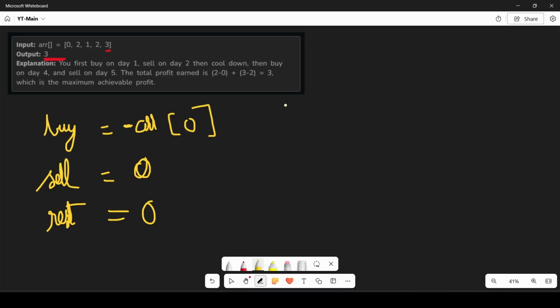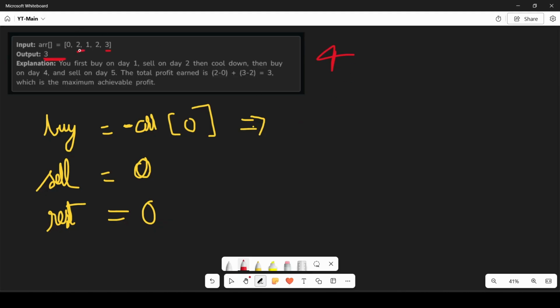So now you have a loop going through every single element. You can update as follows. Say you reach the next day. You have two possible options. You can either keep what you have, so say you bought 4, you can keep 4, or you can buy the stock you are at.